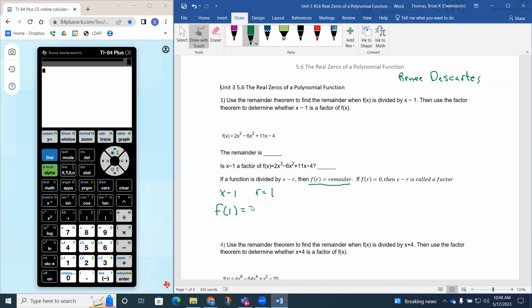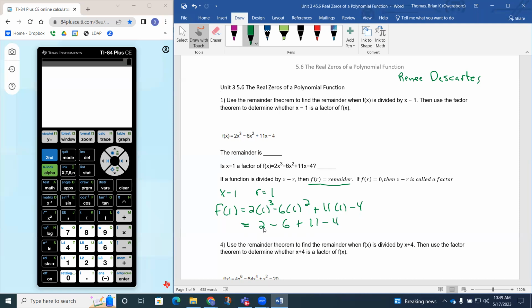So 2 times 1 to the third, minus 6 times 1 squared, plus 11 times 1, minus 4. 1 cubed is just 1. 2 times 1 is just 2. 1 squared is 1. 6 times 1 is just 6. 11 times 1 is 11. And then we have this minus 4.